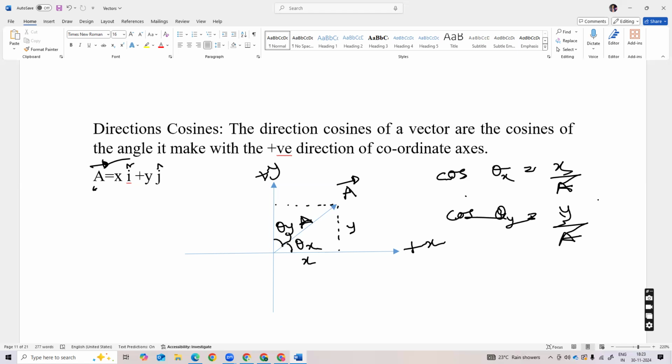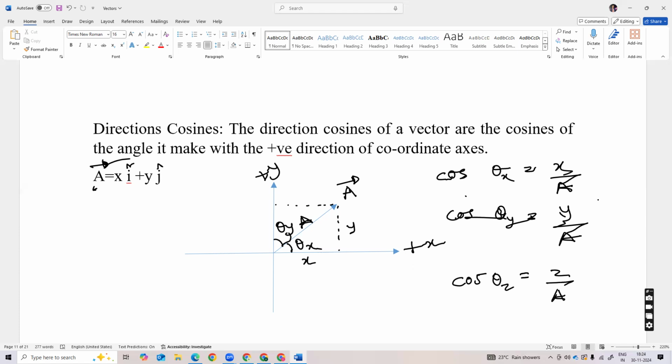If you consider the 3D case, there will be one more, cos theta z, and that will be z upon a. Here a is the magnitude of vector A, and x, y, and z are the magnitudes of its components along the x, y, z axes. So these are the direction cosines. You can easily understand it from the definition: the direction cosines of a vector are the cosines of the angles it makes with the positive direction of the coordinate axes.